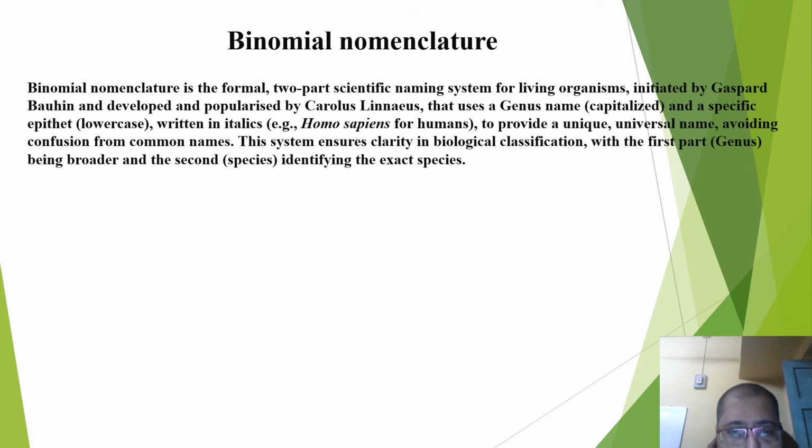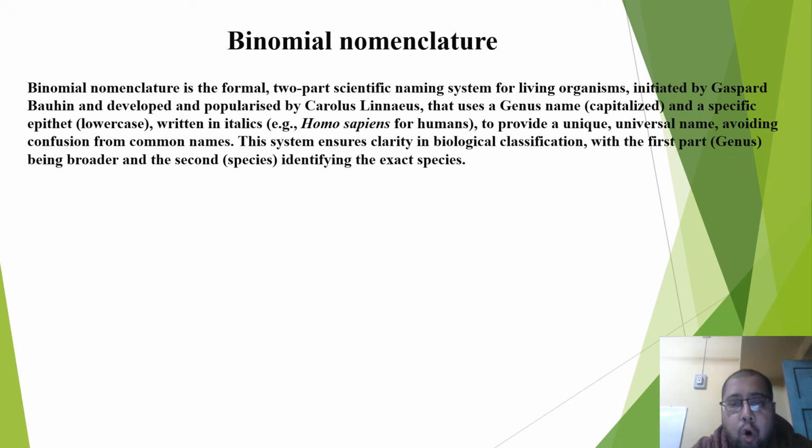So binomial nomenclature is the formal two-part scientific naming system for living organisms that was initiated by Gaspard Bauhin and later developed and popularized by Carolus Linnaeus. It uses a genus name that starts with a capitalized letter and a specific epithet which starts with a lowercase letter and is written in italics.